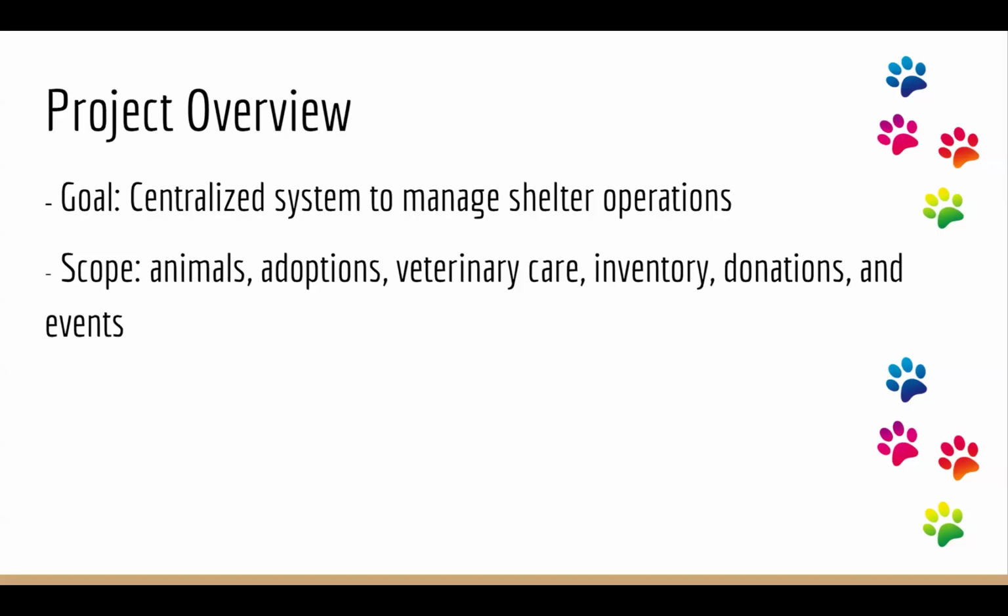The animal adoption database is intended to streamline day-to-day shelter operations and support critical decisions by keeping all important data in one place. From tracking animals and medical reports to managing adoptions and donations, our database covers every major aspect of shelter activities. Next, please.